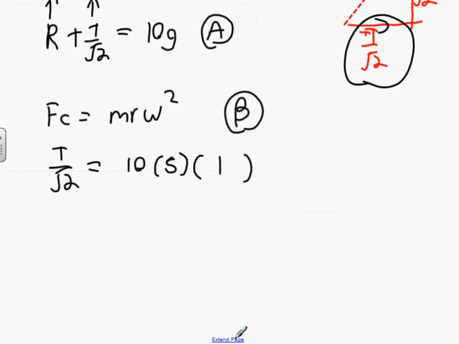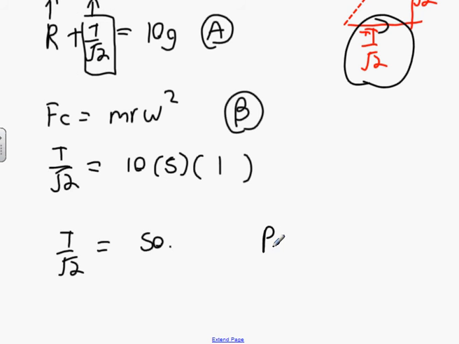So T over root 2 now equals 50 newtons. Just 50 newtons, substitute that into the other one. Now, it's not 50g, it's 50. So you're not going to go negative either.